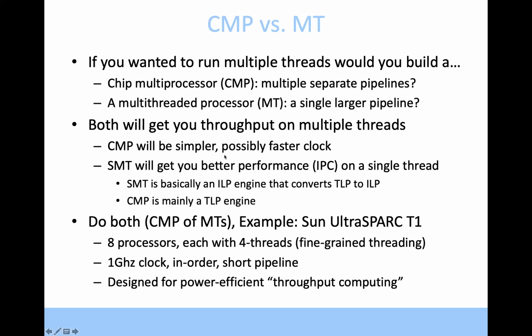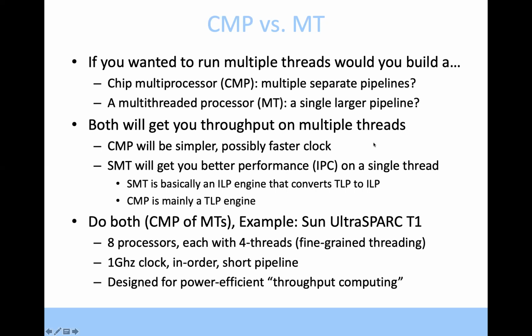So you could build a chip multiprocessor with multiple separate pipelines, or a multi-threaded processor, which is a single larger pipeline, or you could just do both, and that's typically what you see most of the time.